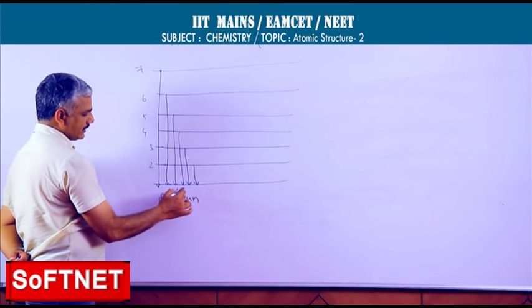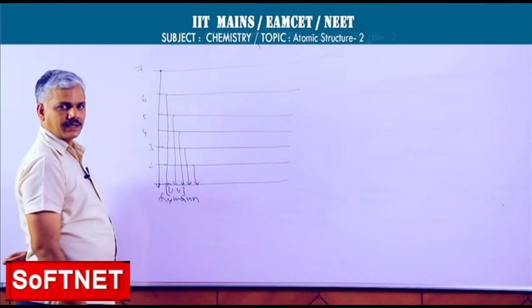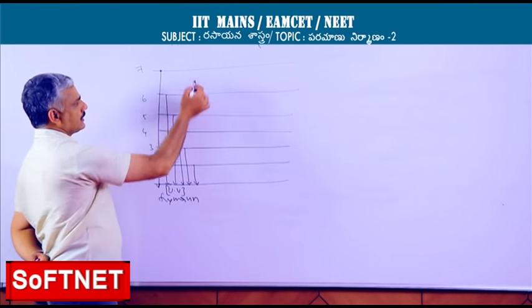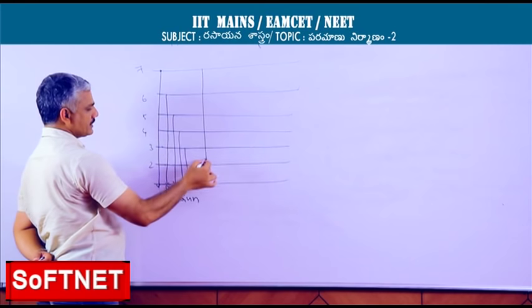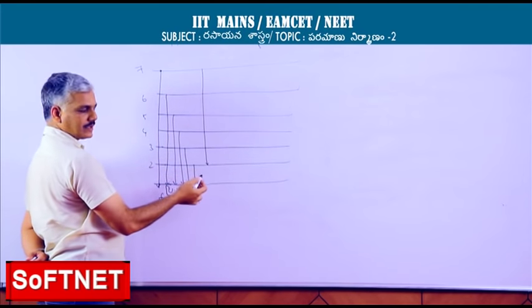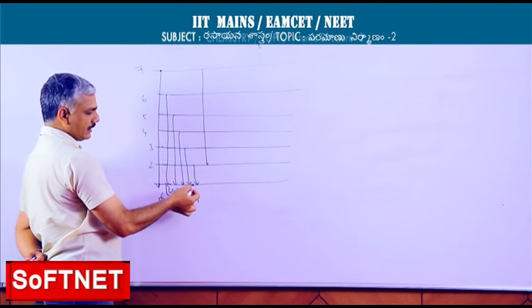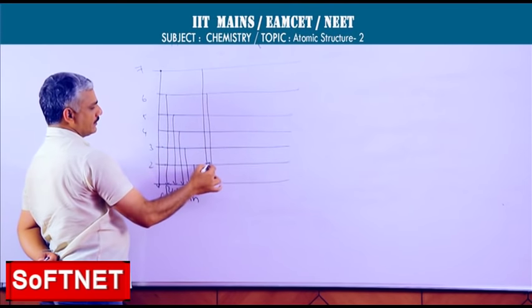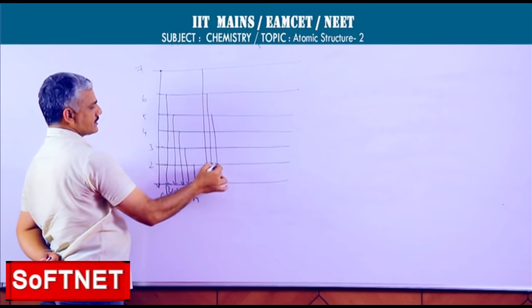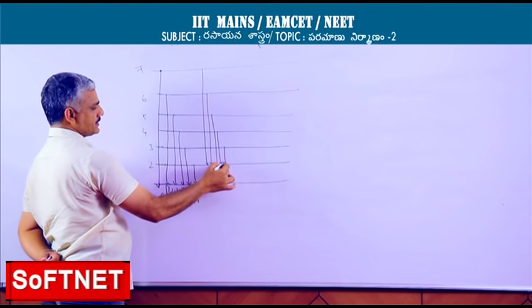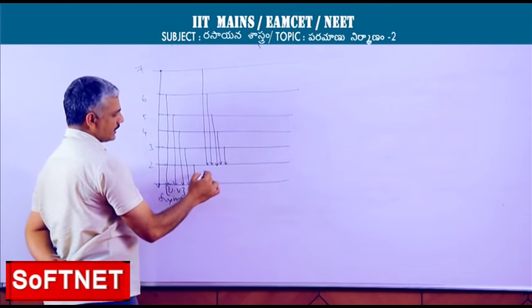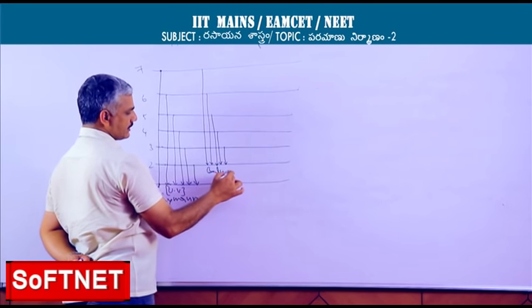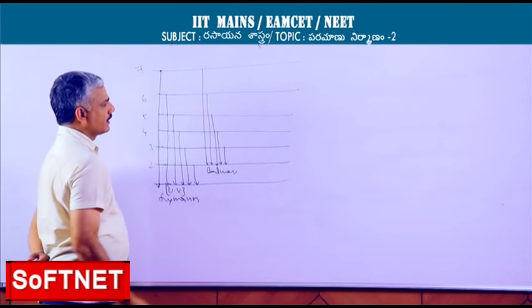This region is the ultraviolet region. Similarly, the electron can jump from higher orbits to the second orbit, stay there for some time, and again come back to the original orbit. The various transitions possible are represented like this, which fall into the next series, that is the Balmer series.